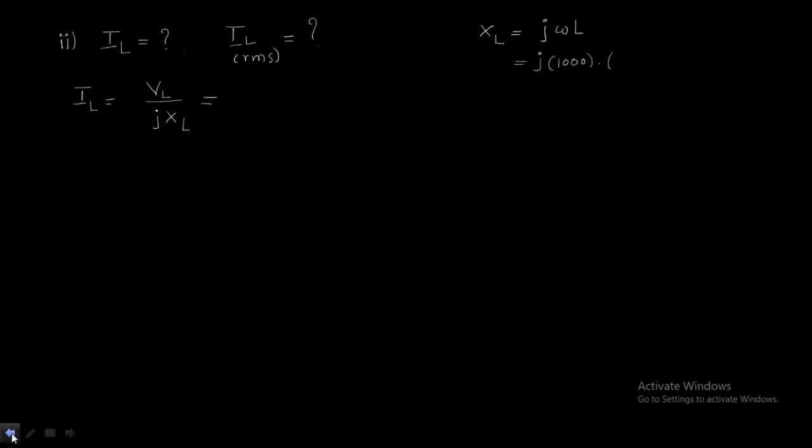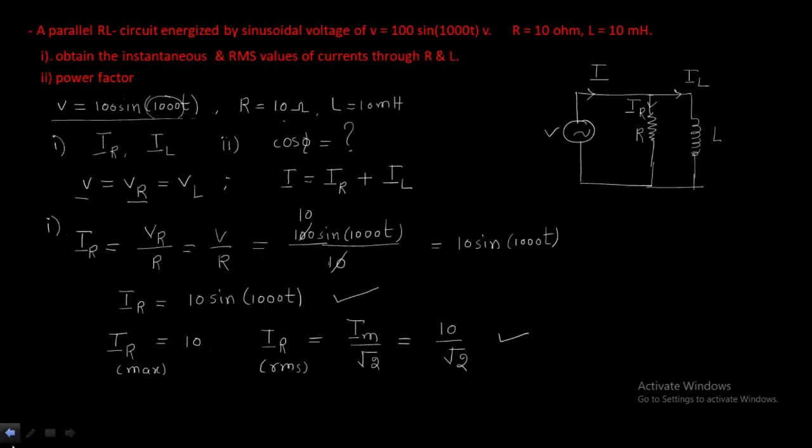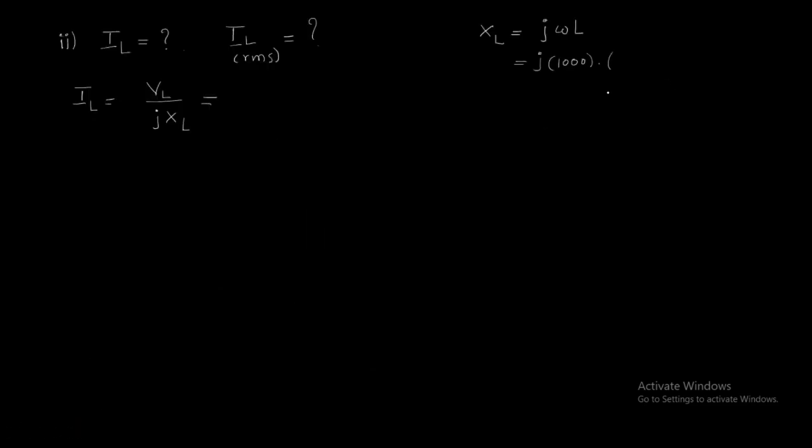What is the L value? L is 10 millihenry. By doing the calculation, XL is j1000 times 10 millihenry, the milli is cancelled, and the remaining is j10 ohms. XL value is j10 ohms.